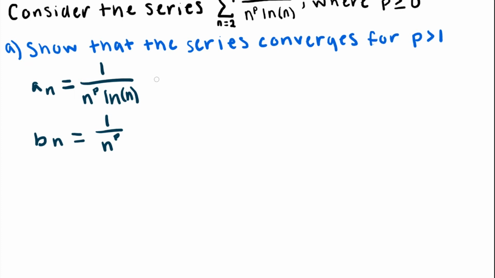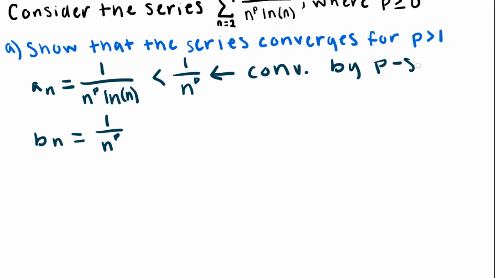Now our a of n is less than our b of n, and for this series to converge by p series, our p has to be greater than 1. And so that shows that our series converges for p greater than 1.